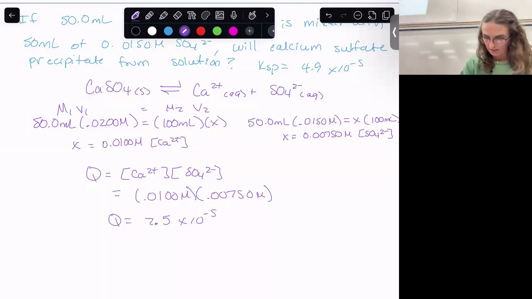It's greater than, right? K, this looks like a 7, 2, we'll change that. K is equal to 4.9 times 10 to the negative 5.